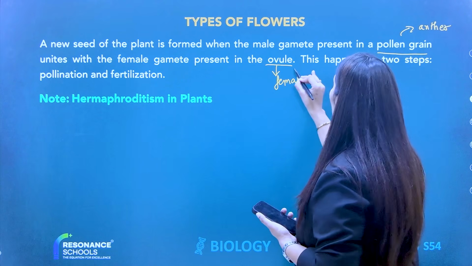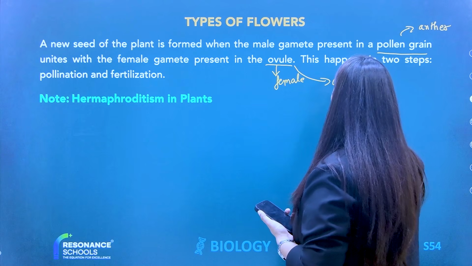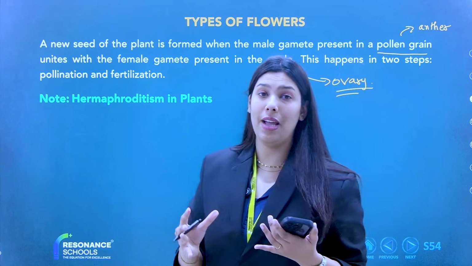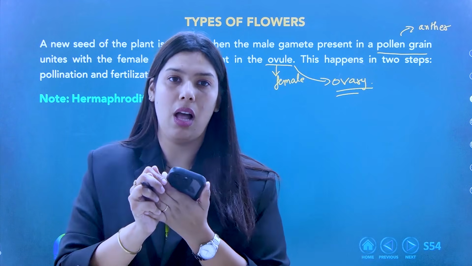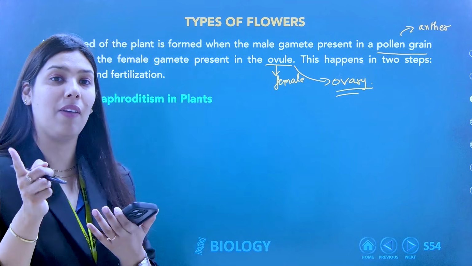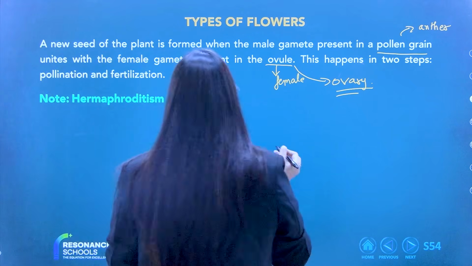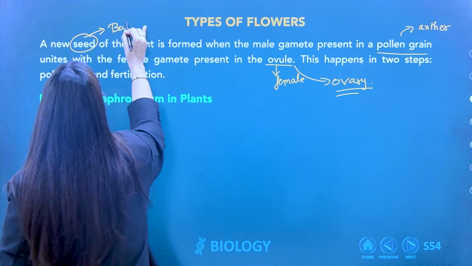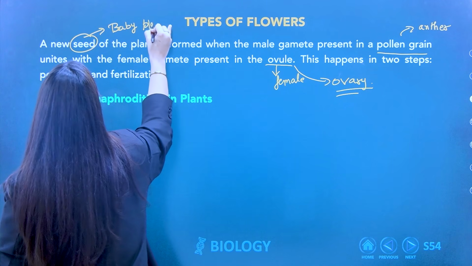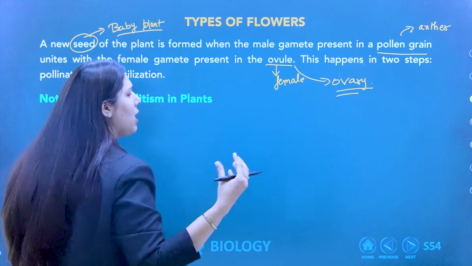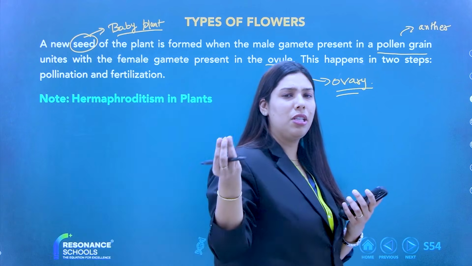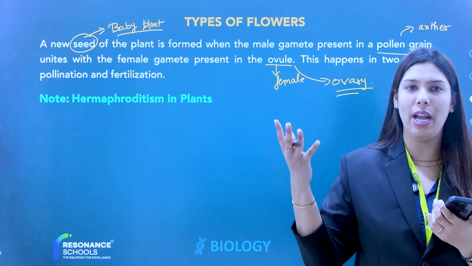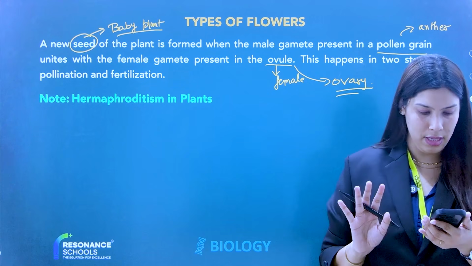The ovule is present in the ovary. When these two fuse, a seed is formed. A seed is a baby plant, or a plant that is just growing or germinating. With the seed, it can grow and form a plant.